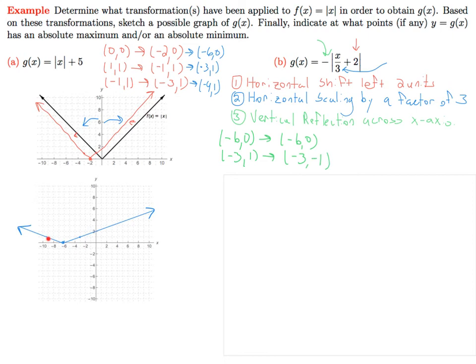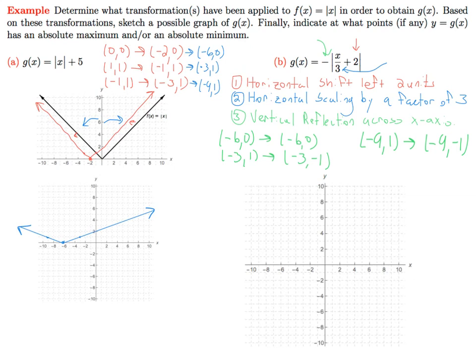And the point at (-9, 1) winds up at (-9, -1). So we flip each point over the x-axis. That changes the sign of the y-coordinate of the point. And that means down here we can mark these points and then connect them with a graph.